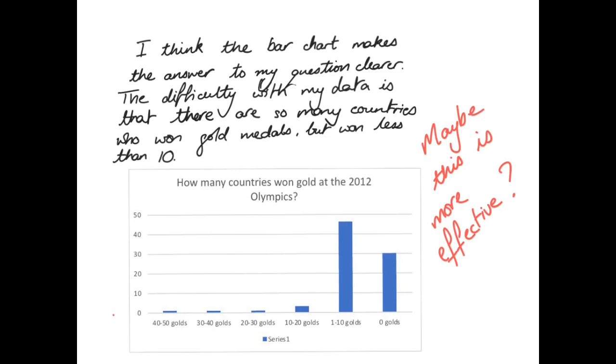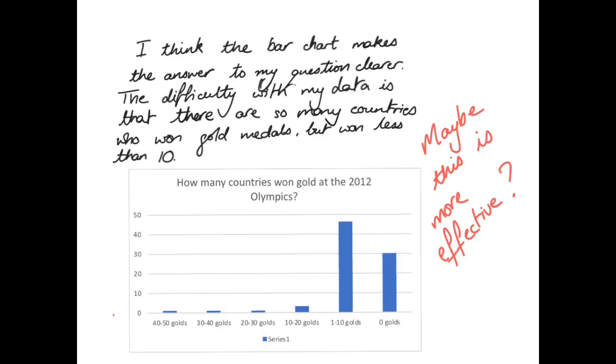So maybe this is more effective. I think if I'd drawn this myself, I would have wanted to show exactly that was 1 or 2 or 3 countries at the bottom, and I probably would have been better off doing this myself on graph paper than using Excel.